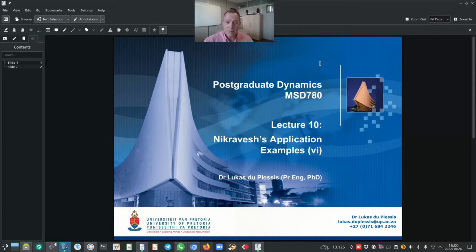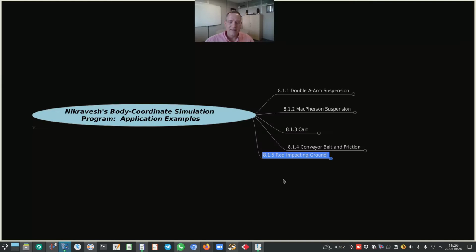The textbook is titled Planar Multibody Dynamics, second edition. The subsection we are dealing with today is subsection 8.1.5, titled Rod Impacting Ground.